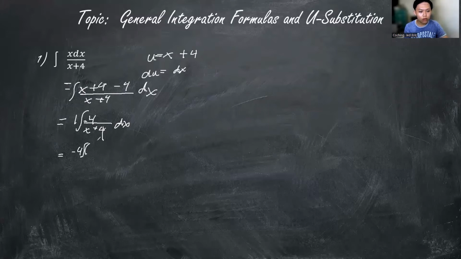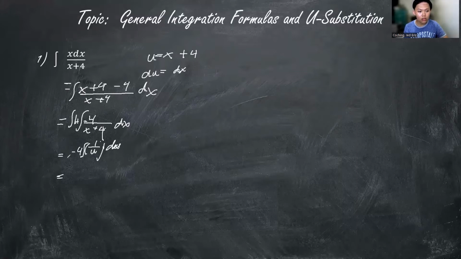Integral of 1 over u, as we already discussed, that u is equal to x plus 4, over du. So we substitute over du, not x. As we already substituted, du is equal to dx. Wait, I forgot. We didn't take out this one, but we need to find the integral of 1.